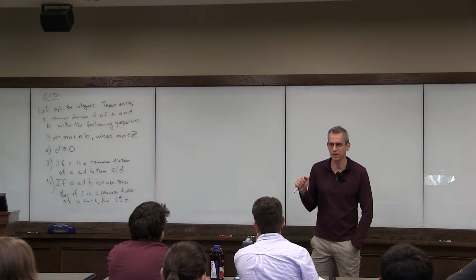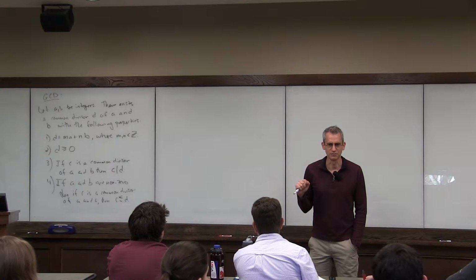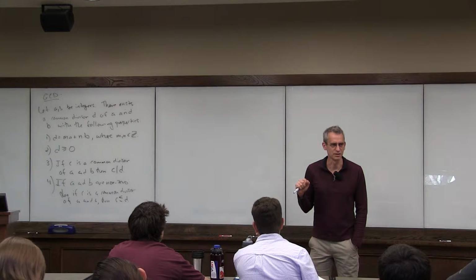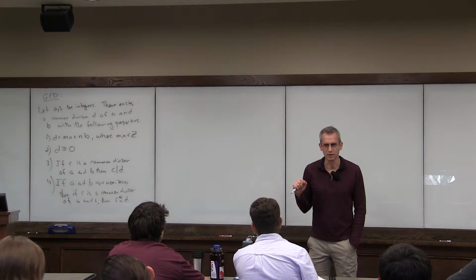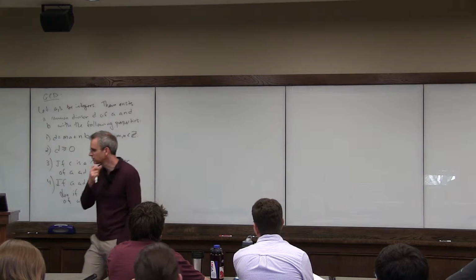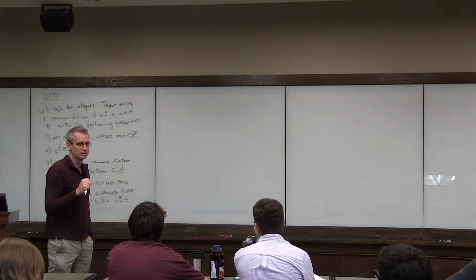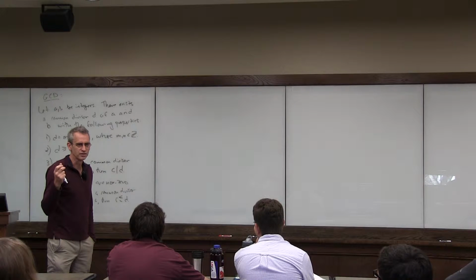So what are the common divisors of 0 and 0? Everything. So there is not going to be a greatest common divisor because everything divides both of them. But if at least one of them is non-zero, then since 0 only divides 0, the non-zero one is going to be the greatest common divisor, so everything is fine.